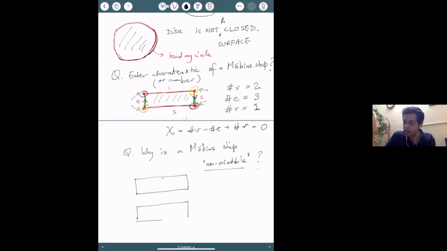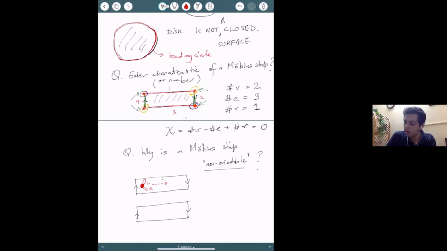seen this phenomenon. Suppose you are walking on the Mobius strip. Let me draw this: this is you from the top, this is the top of your head, this is your left hand, and this is your right hand. You're facing this way, and you're walking this way.